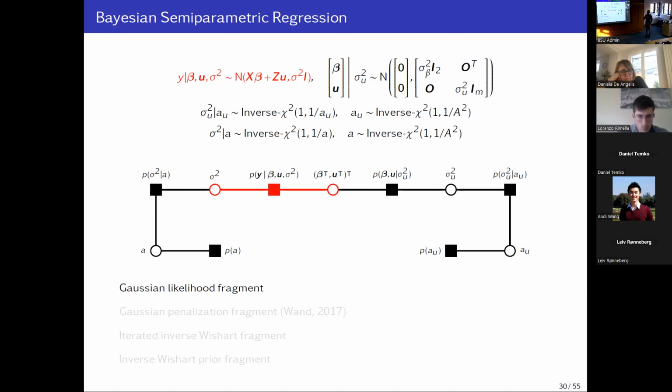It's in the graph. We've got U as one more argument. Yeah, I would say there's no difference. Because U and beta are together Gaussian, it's just one vector.